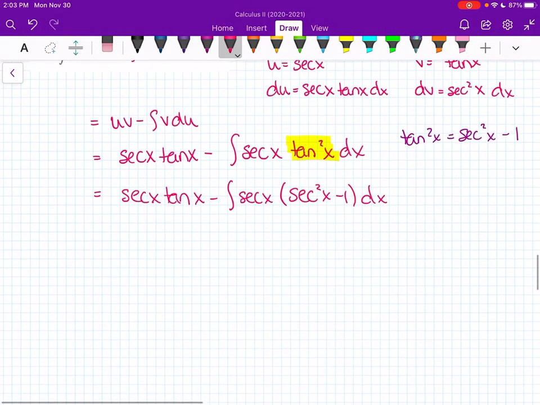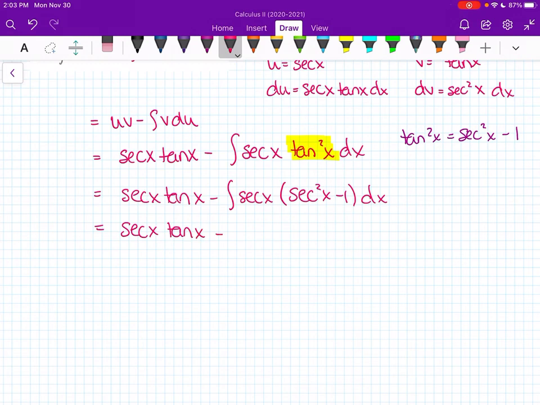And then I'm going to distribute. So I have secant x tan x minus the integral of secant cubed x minus secant x dx. Then I'm going to separate those as two separate integrals.